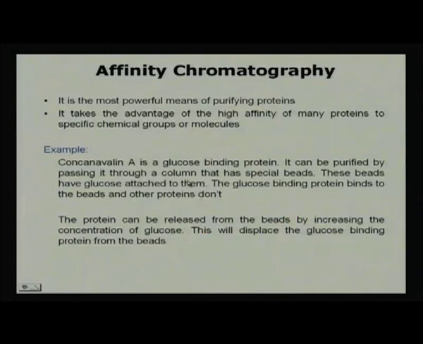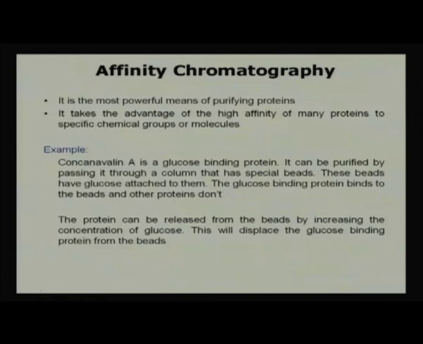Based on whether glucose moieties are present or not, we can separate our molecules. So, if we know that our targeted molecule has glucose, concanavalin A can be used as a matrix molecule because it has a very specific binding affinity towards glucose moieties, and it will just bind.